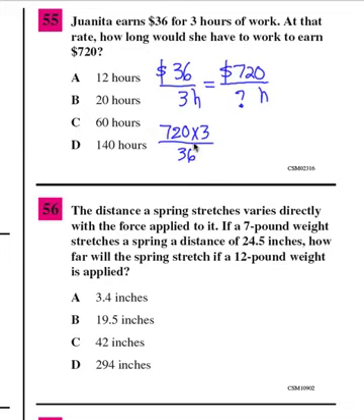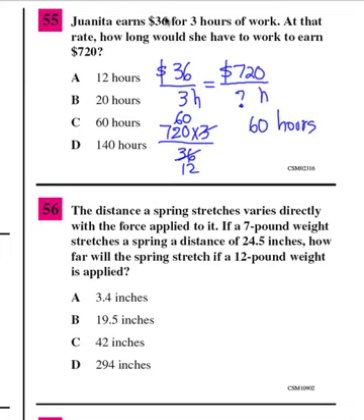We can see that there are 12 threes in 36, so that cancels that 3. 72 divided by 12 is 6, so the answer is 60 hours.